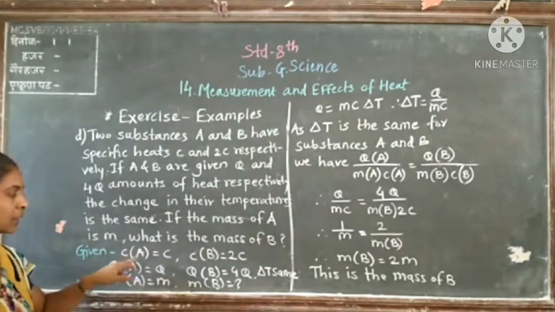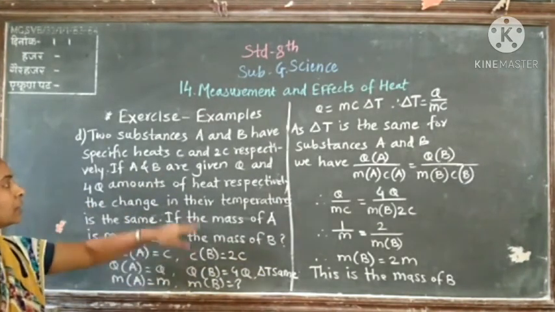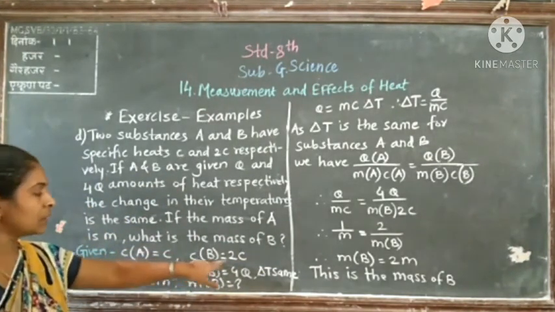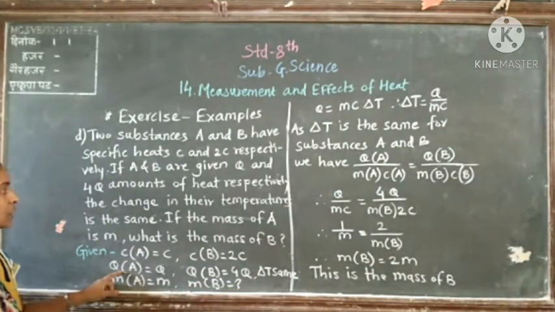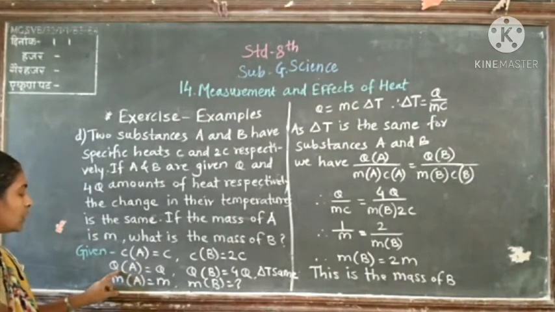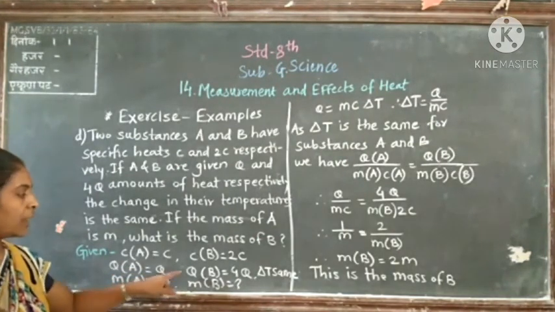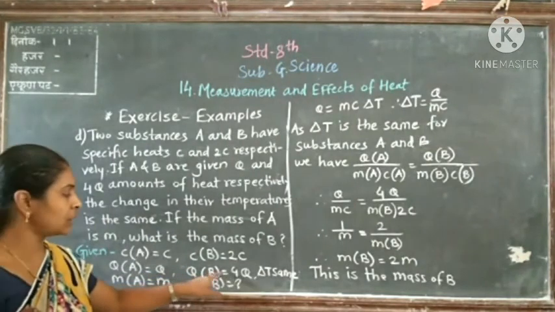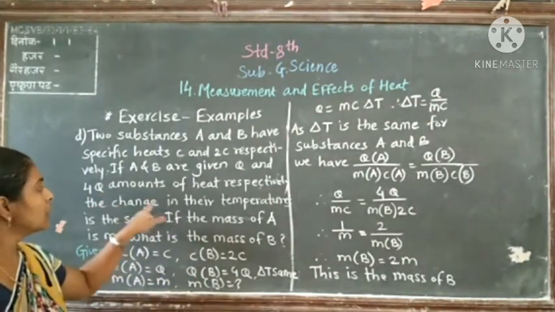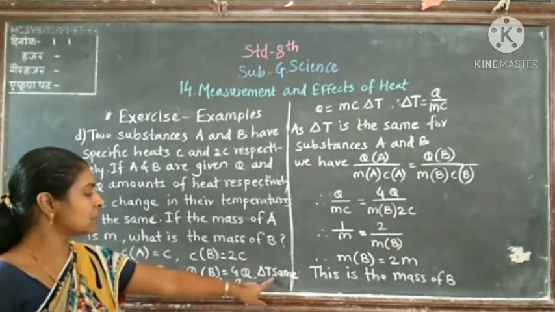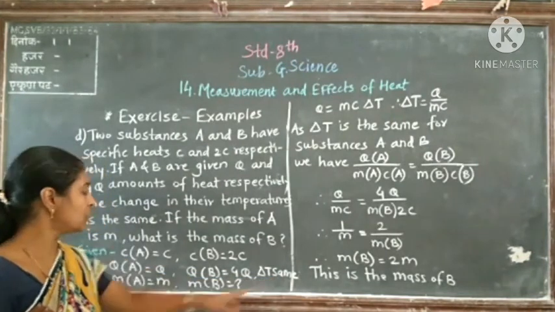Specific heat of A, that is C here given, and the specific heat of B, that is 2C. Now see the amount of heat Q for A is Q and amount of heat for B is 4Q here given. Now the delta T, that is the change in the temperature, is same for both.